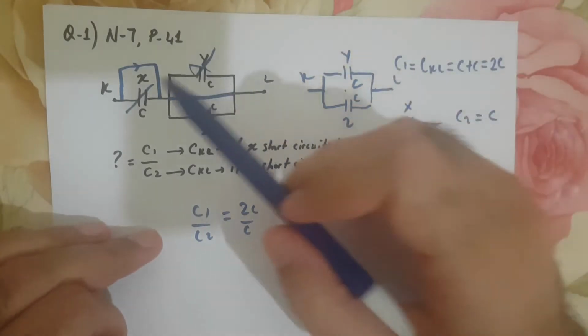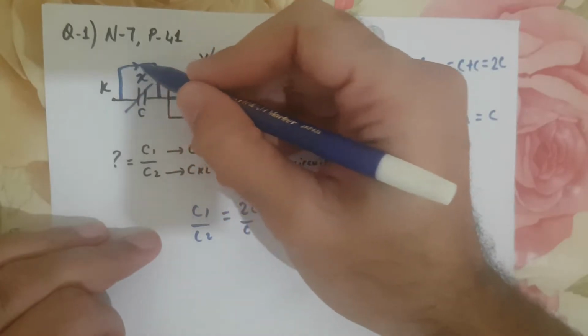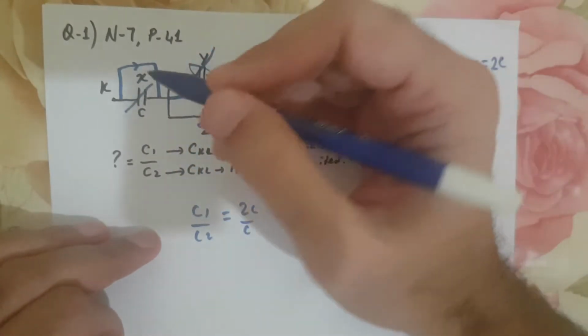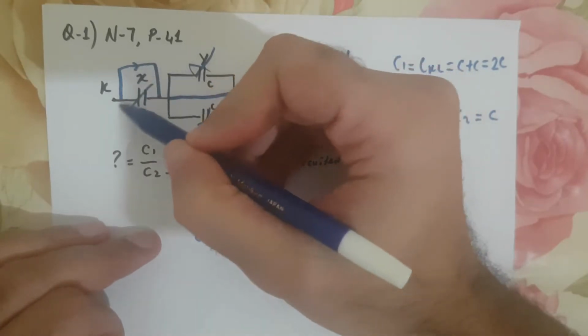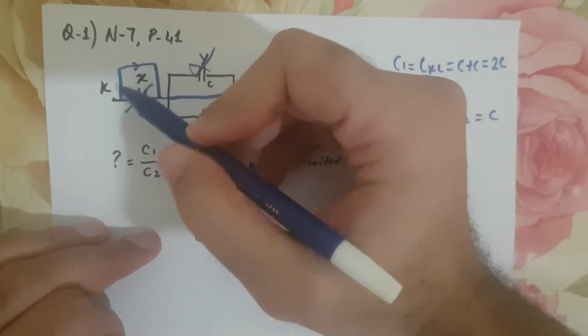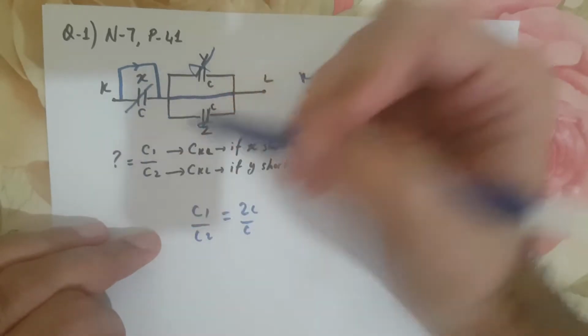Now what happens when X is short circuited? As you see, we draw a line like that. Why are we drawing that? Because charges prefer this way, not going through this capacitance. When you draw that, you short circuit and X is cancelled.